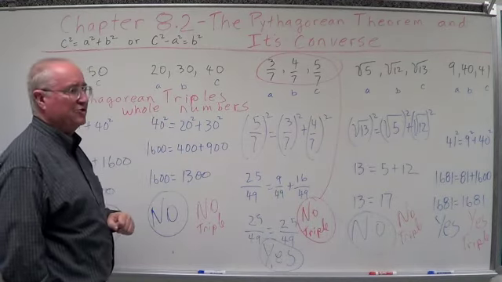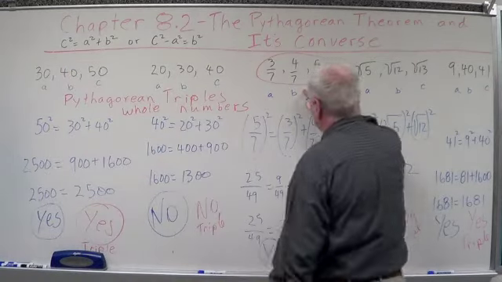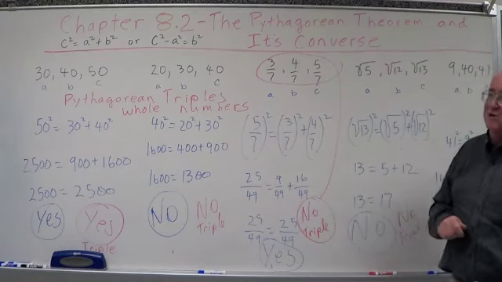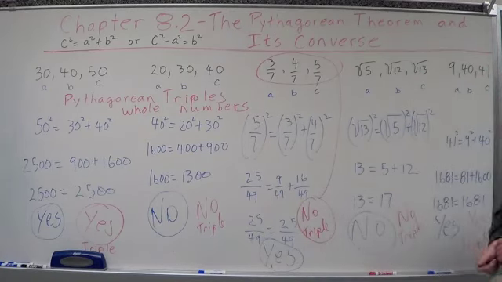No, then they cannot be a triple. Does this satisfy the Pythagorean theorem? Yes. Are they whole numbers? No, so they cannot be a triple. Does this satisfy the Pythagorean theorem? No, then they cannot be a triple because they do not satisfy the theorem. Does this satisfy the Pythagorean theorem? Yes. Are they whole numbers? Yes, they are triples. Okay. That's the Pythagorean theorem.